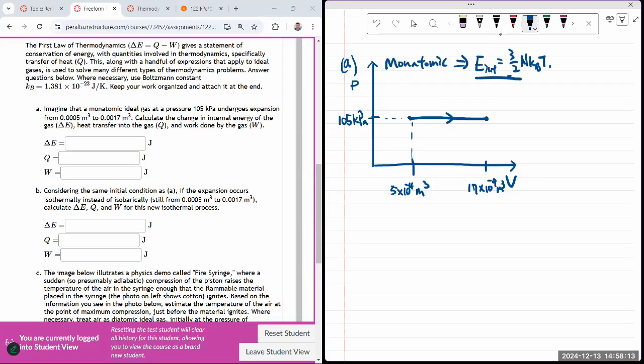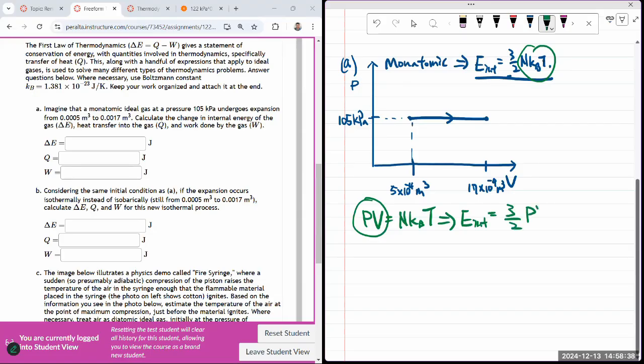And I'm going to use this expression to replace out of ideal gas law, which says PV is equal to NkBT. So I can replace this NkBT with the left-hand side of the ideal gas law. So I can say the internal energy is equal to 3/2 PV.